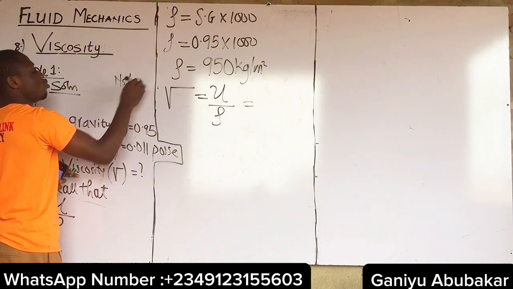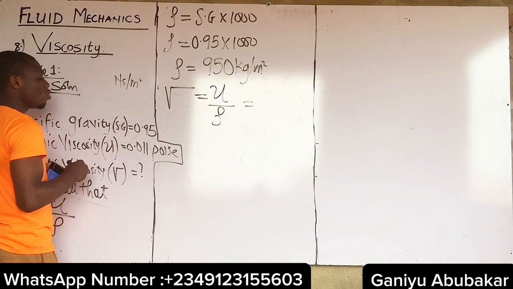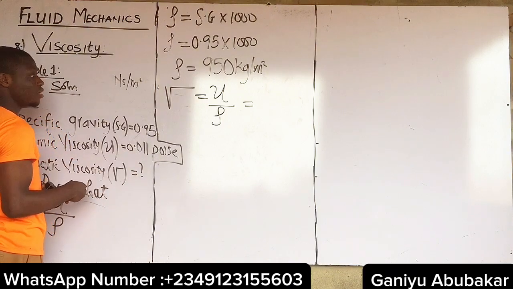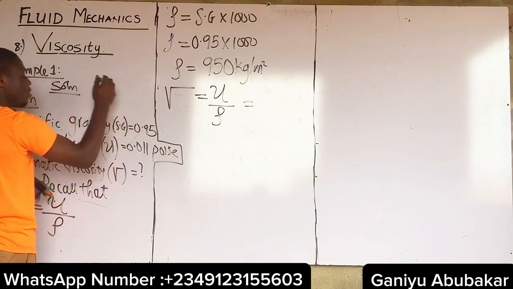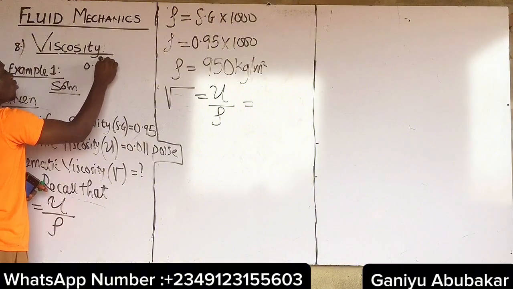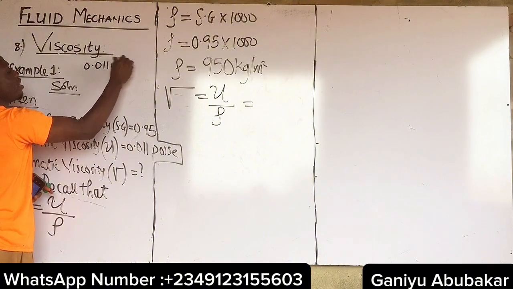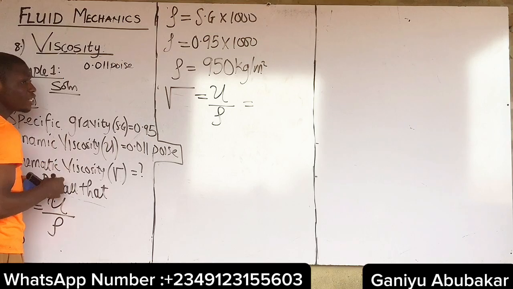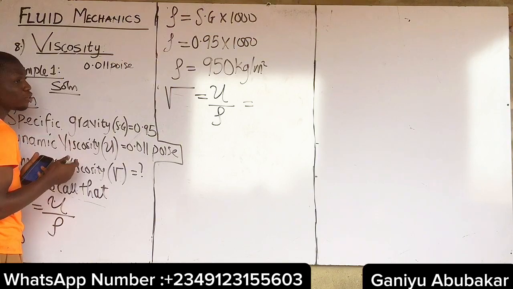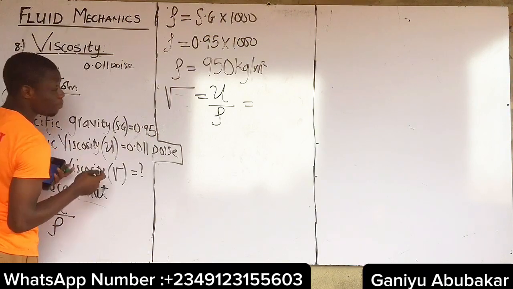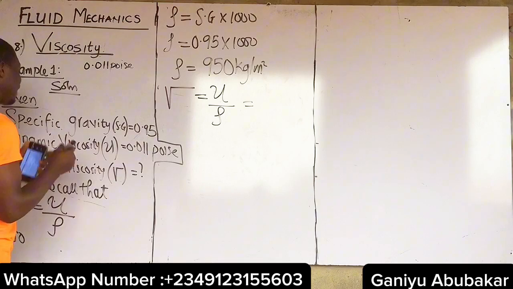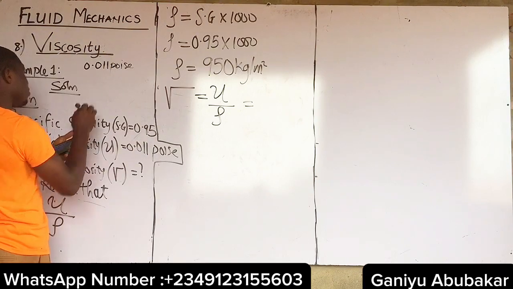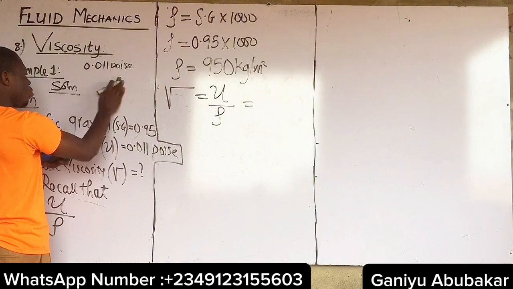True or false? True. So I'll convert this to Newton seconds per meter squared. I'm given 0.011 poise. To convert poise to Newton seconds per meter squared, divide by 10. That's the concept.